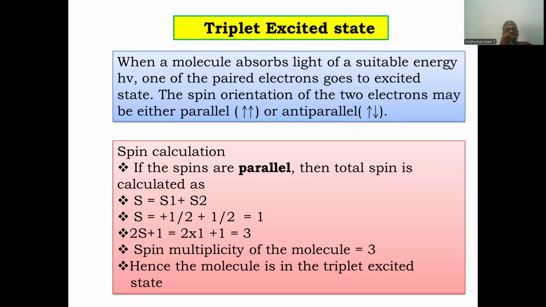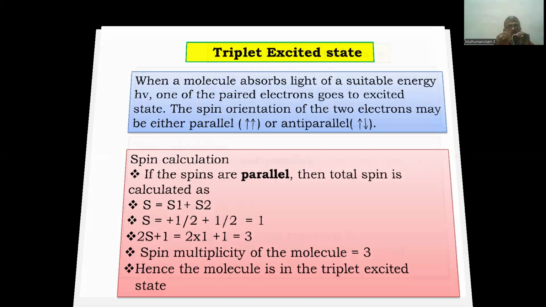I told you already, excited state means the molecule is in a higher energy state. When a molecule absorbs light of suitable energy h nu, one of the paired electrons goes to an excited state. The spin orientation of the two electrons may be either parallel or anti-parallel. When the spin orientation is parallel, it is in the triplet excited state. When it is anti-parallel, it is in the singlet state.